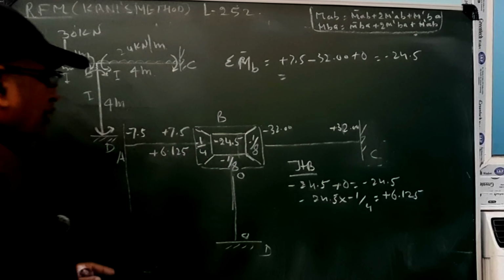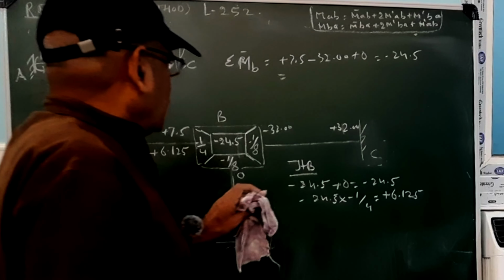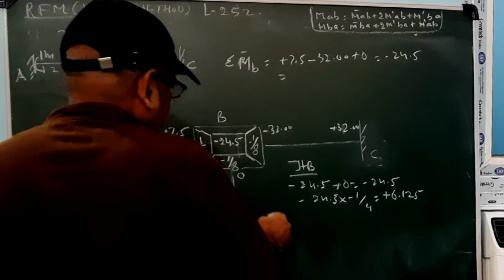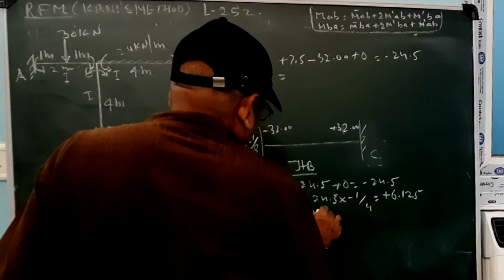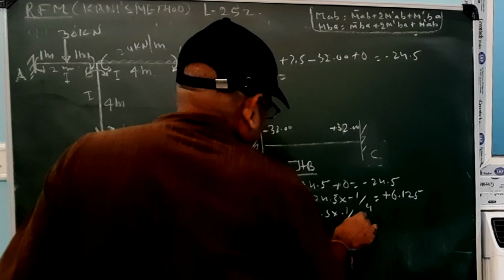This is okay. And go for this joint B for this 1/8, that is 24.5 into minus 1/8.